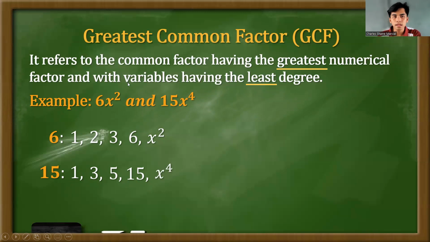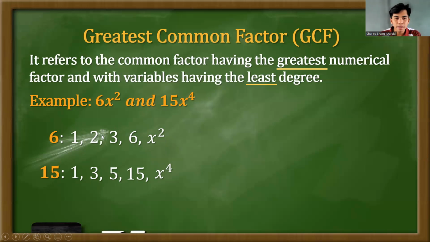So sabi ulit dito yung GCF, it refers to the common factor having the greatest numerical factor. So pag sinabi natin common, magkaparehas. So titingnan natin yung mga factors nitong 6 and 15, kung alin doon yung mga numbers na magkakapareho. So ito yon, itong 1 and 3.